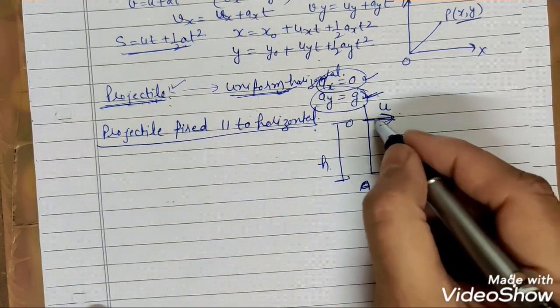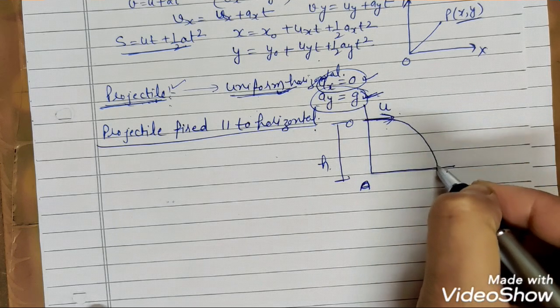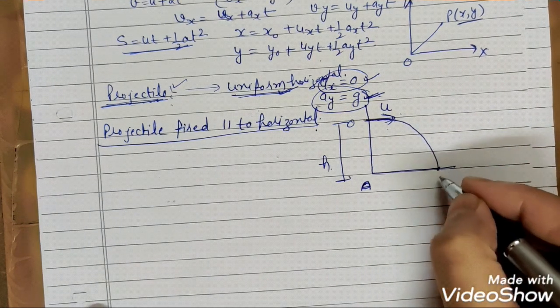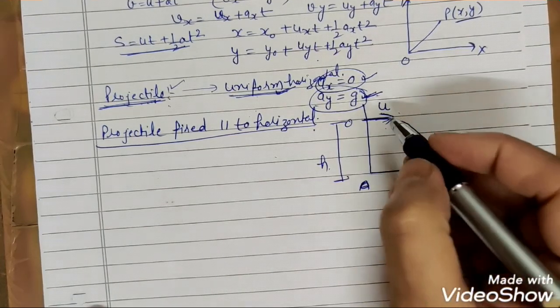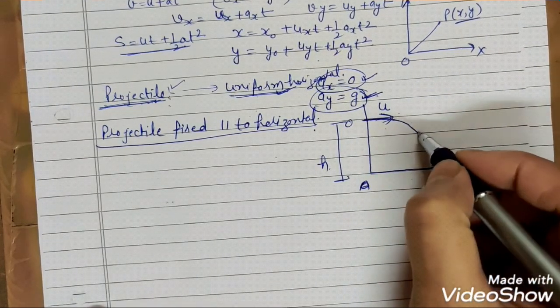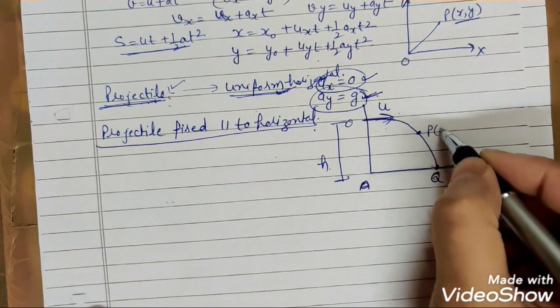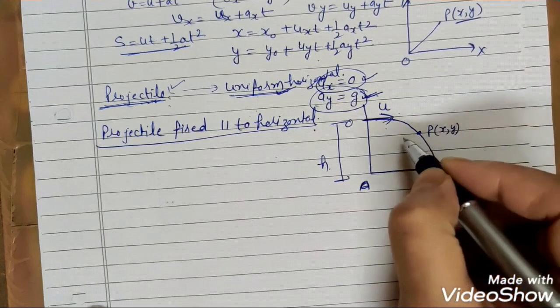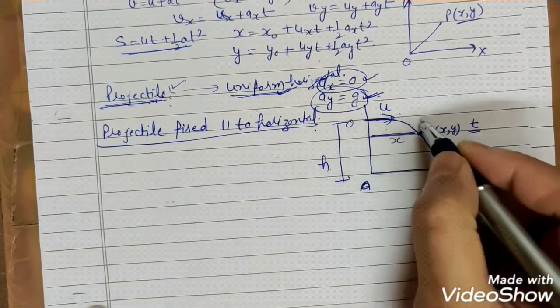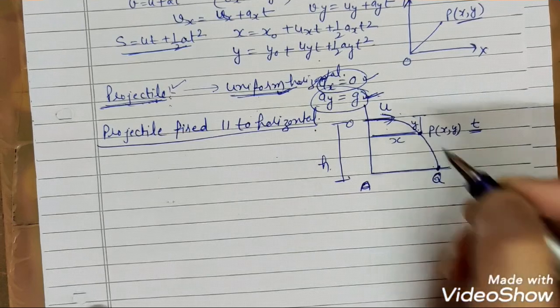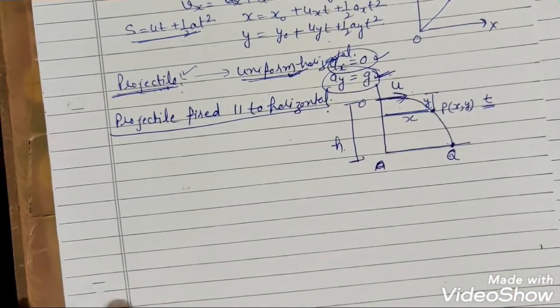Then after some time, under the effect of gravity, it moves in this path and strikes the ground at point Q. During motion, let it be at point P with coordinates x and y at time t. Along this x the displacement is x, and along this the displacement is y.